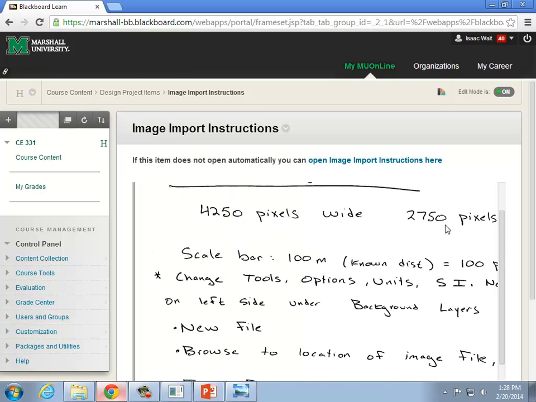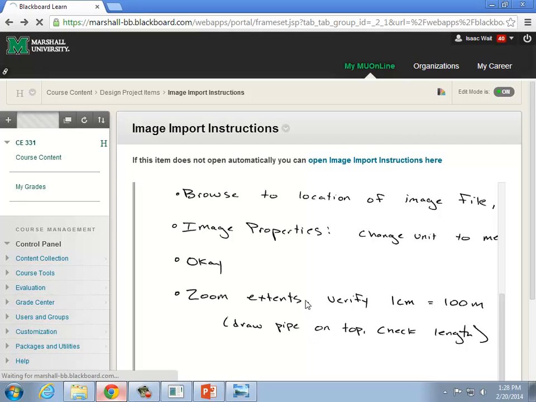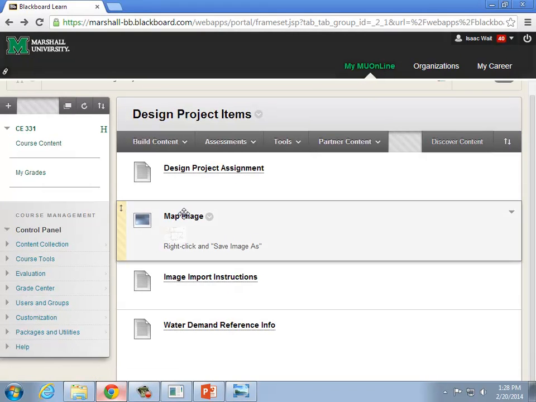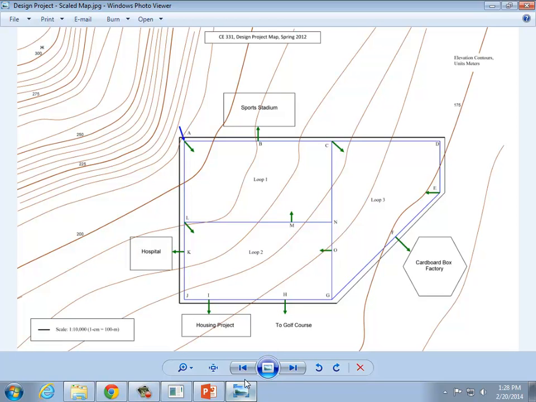It's a very specific size, and each pixel equals 1 meter on the image. When you import it to scale, you can click at these different junctions, and it'll make the pipe the correct length based on where it's drawn. So you'll be importing the image in the background and then drawing the pipe network on top of the location where each of those blue lines is indicated.